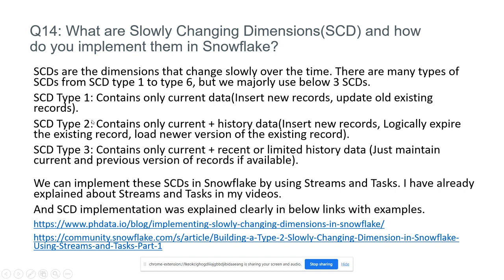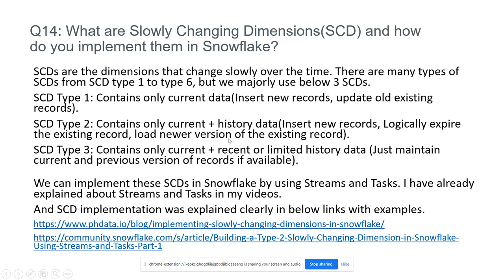It will logically expire that existing record by updating some version or expiry date, like that. With some timestamp, it will expire that existing record, and it will load the new version of the record. That means for one row there will be two rows. That means it is containing the history data as well, current data plus history of that record.